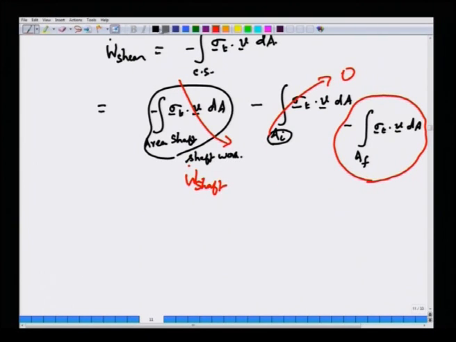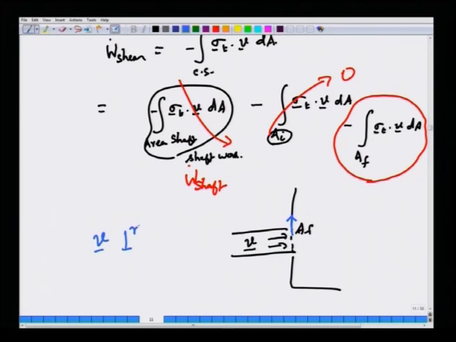But imagine that the flow area is where the inlet or outlet is actually present. This is A flow. So, if velocity is acting like this and the tangential stress acts in the direction perpendicular to the velocity, if you choose your control surface such that the velocity is normal to the control surface, then V is perpendicular to the tangential stress sigma t. So, V dot sigma t is 0.